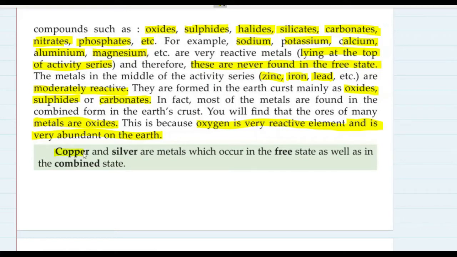Copper and silver are metals which occur in the free state as well as in the combined state. Copper up to some extent can be found in its native or free state. Silver, mostly it is found in its native state, but these two metals also occur in combined state as their sulfides or oxides or nitrates, etc.